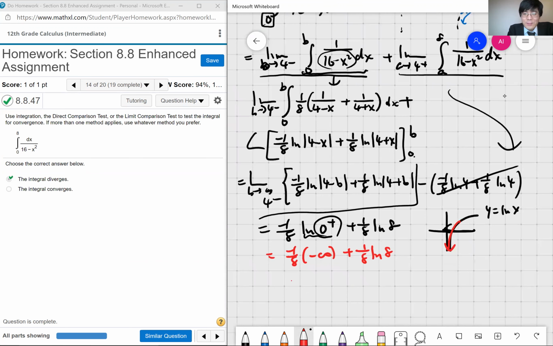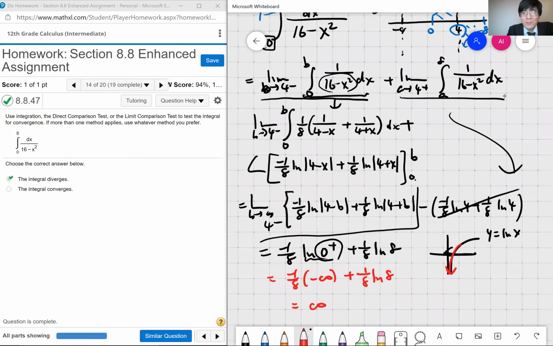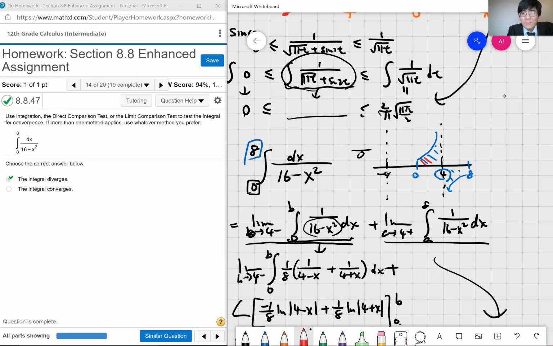So this limit is equal to infinity. So the first part will become infinity. So this part will become infinity. So it is actually diverging. So you really cannot find a finite solution to this integral.